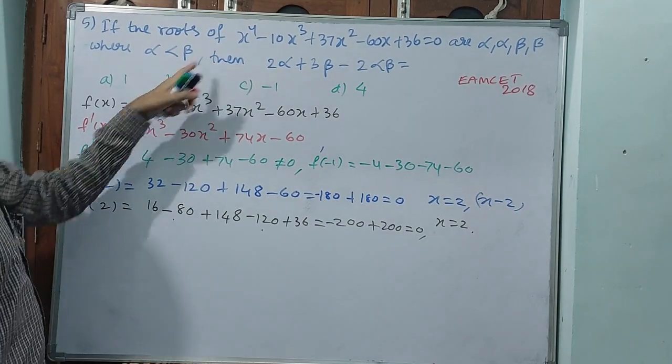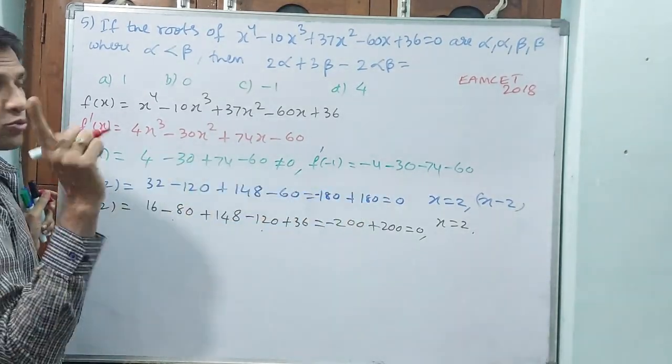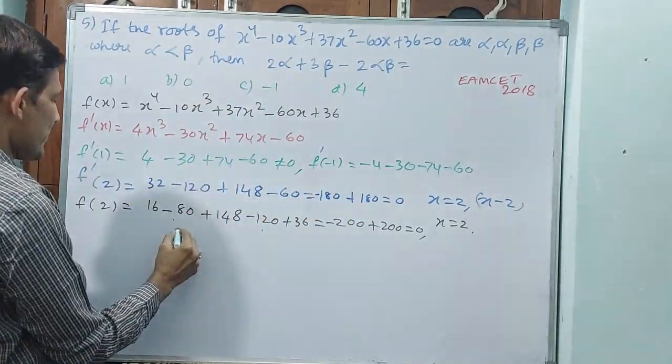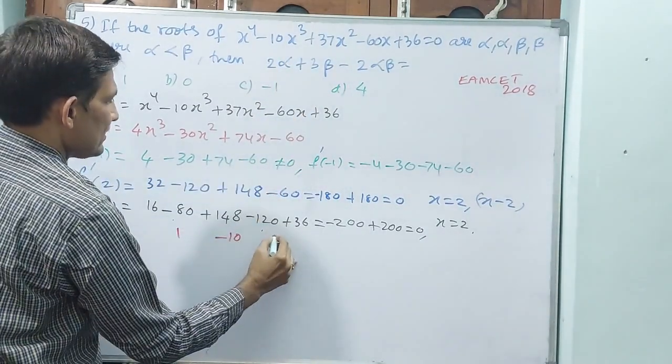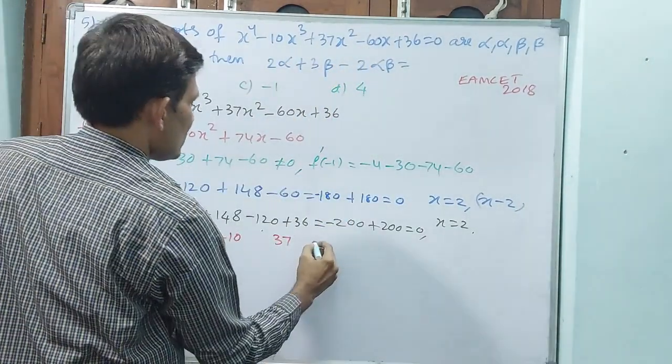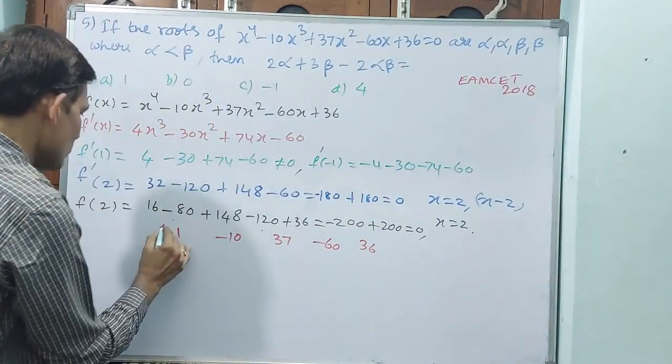You see, the first equation only you have to take. See, synthetic method I am doing. Why? Because x is equal to 2 times you have got: 1, minus 10, 37, minus 16, 36. Now what I am doing?